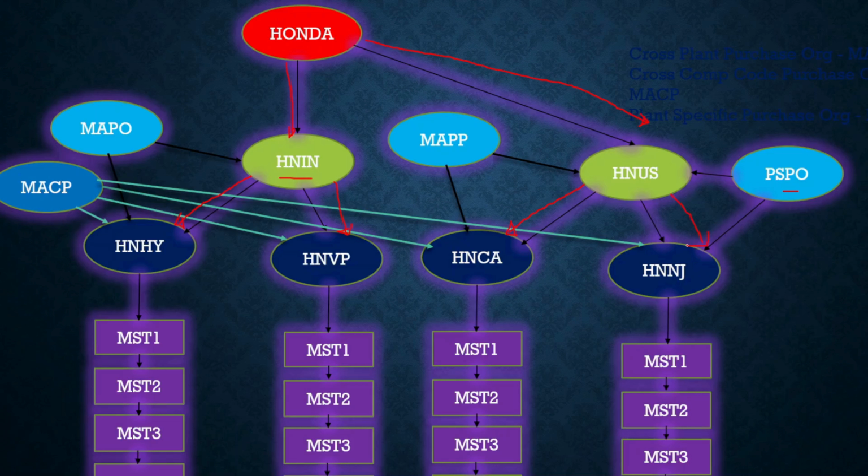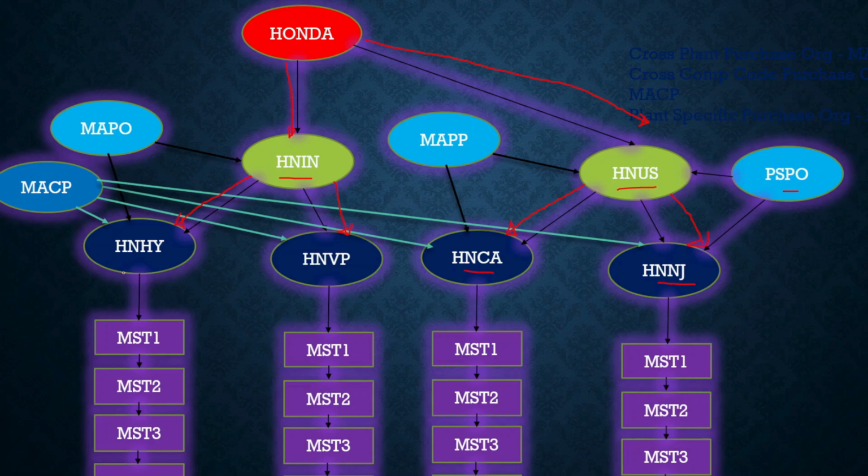Under Honda India two plants are there, one is the Hyderabad plant, another one is the Visakhapatnam plant. For Honda USA's company code, H and US, it also has two plants in two different provinces.